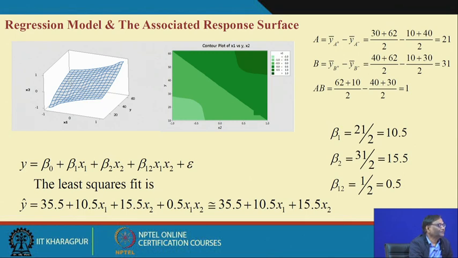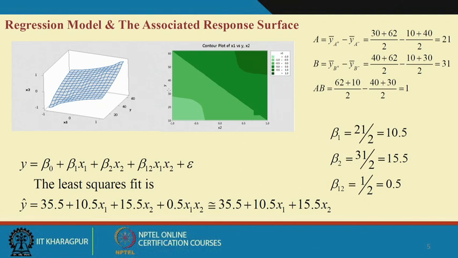Okay. Now, here on the right hand side, contour plots are given for that. A contour is basically joining the points having equal property. For example, if you join all the points on the earth's surface having equal altitude from mean sea level, then this is a contour line.